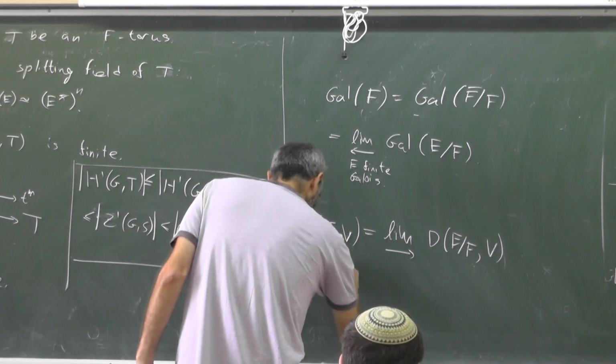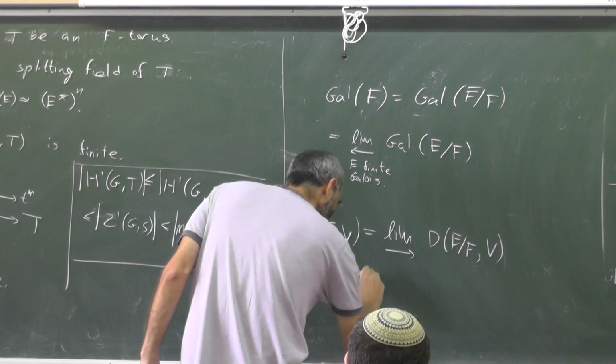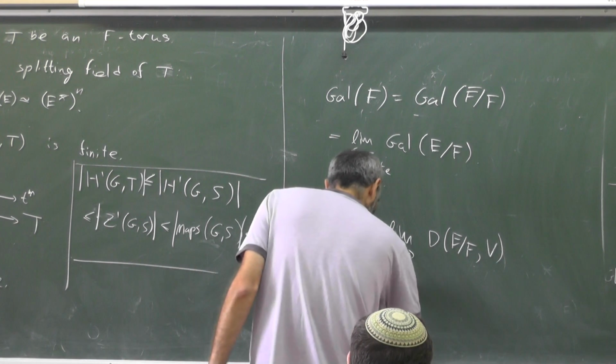And now, inside the limit, I know that there exists H1.